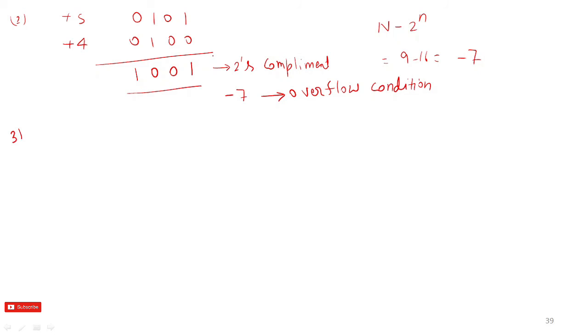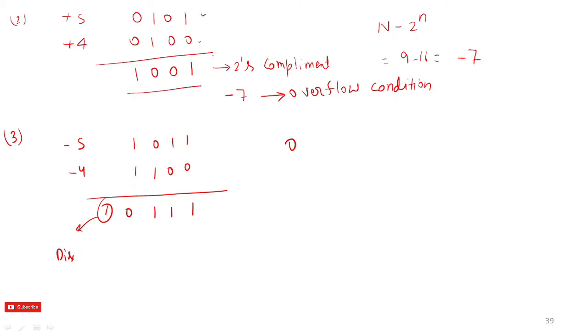See another example. -5 and -4. For -5, first write +5 and then take its 2's complement, so 1 0 1 1. For -4, first write +4 and then take its 2's complement, so 1 1 0 0. Then add, giving 1 0 1 1 1. The carry you have to discard.